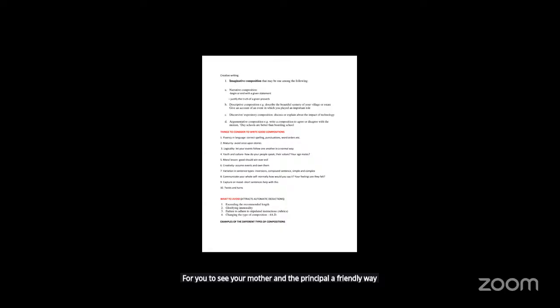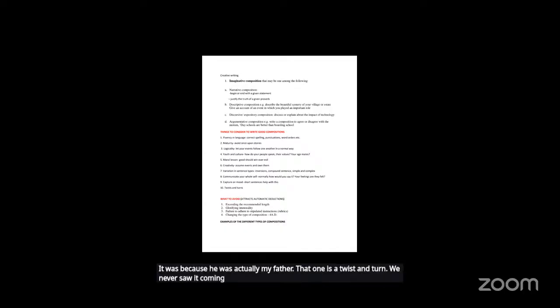Only for you to realize that the interest the principal had in me all along was because he was actually my father. That one is a twist and turn. We never saw it coming. All along, you guided us to think this principal is a very kind person.